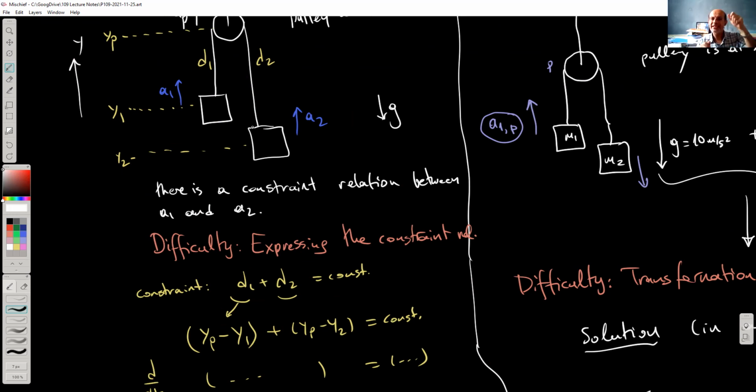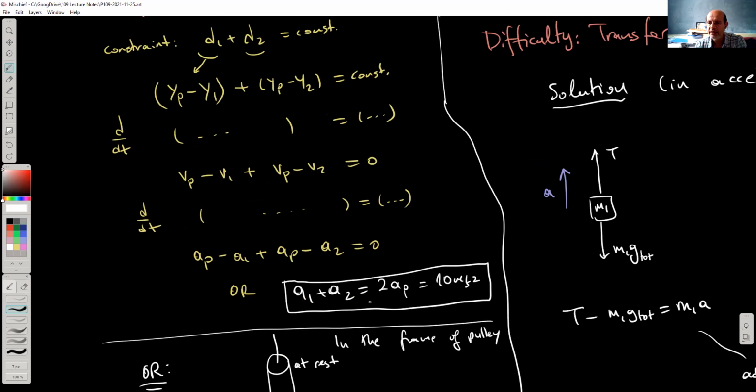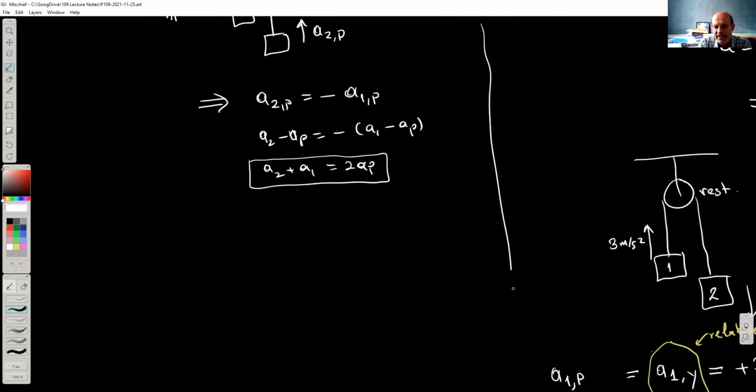The length of the string doesn't change, all right? That's basically the constraint here. By using the positions, I can express this clearly, but from here, eventually I need to reach the relationship between the accelerations. So that's the important step here.